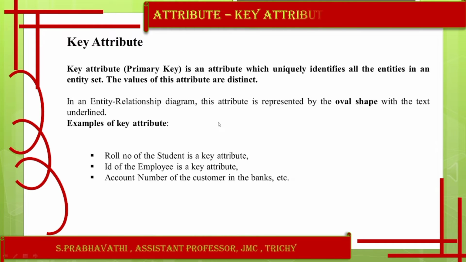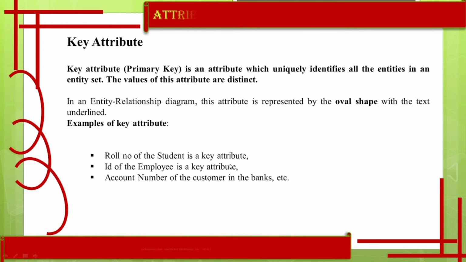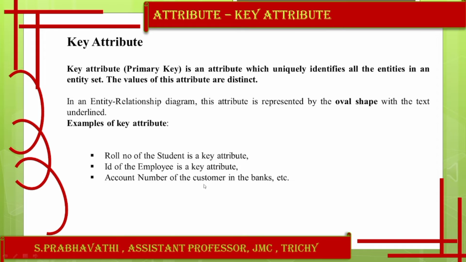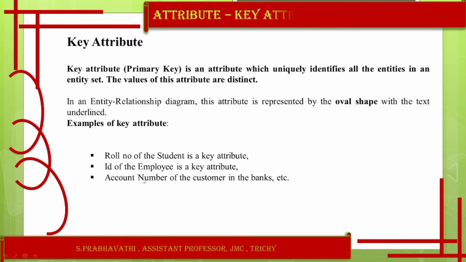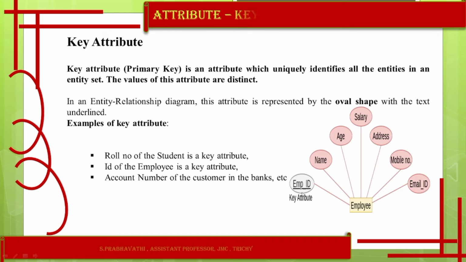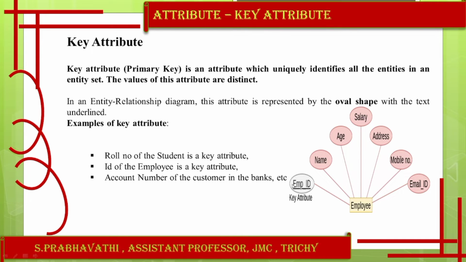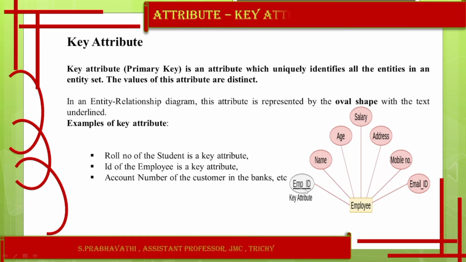Examples of key attributes: roll number of the student, ID of the employee, account number of the customer in the bank. This is a diagram. Employee ID, the text with the underline, is called a key attribute.